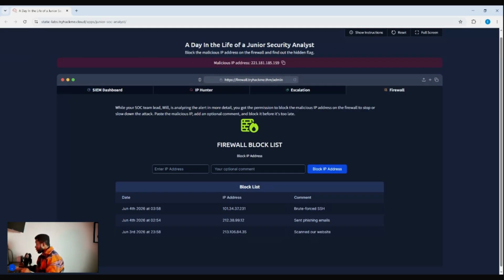So this is one of the things that the junior SOC analyst would do after receiving numerous amounts of alerts. Now, remember, that was a simulated SIEM. IP Hunter is not a real thing. In the real world context, the equivalent threat intelligence tools we have out there are Abuse IPDB, Cisco Talos Intelligence, and Virus Total, and a host of others.